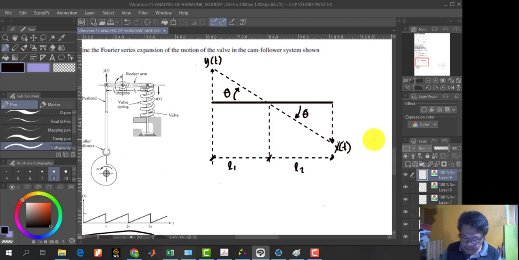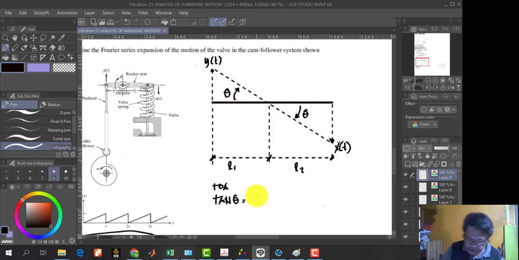Let's build the relationship here. We have the similar triangles, so the two thetas are equal. In order to build that, I can use the tangent. Okay, tangent of theta.